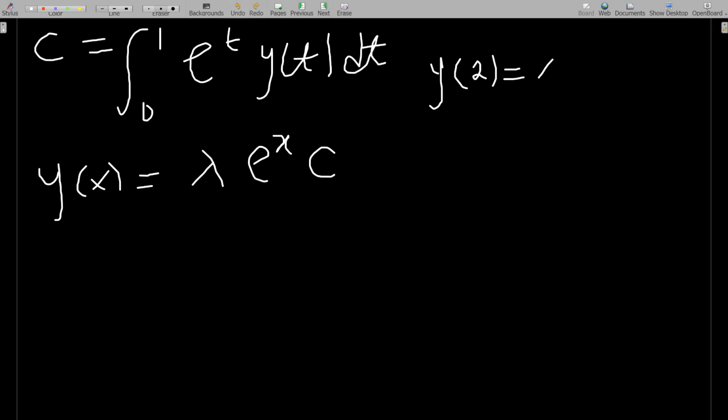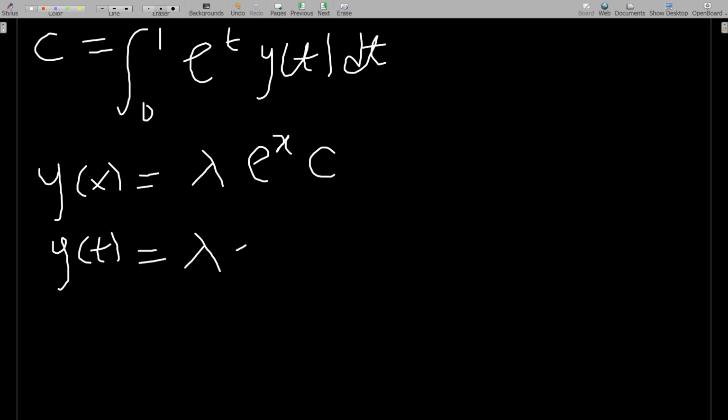So if I want to find my y of t, so that we can solve for c, because c has everything except y of t, then in terms of t, y of t will be equal to lambda e to the t times c.